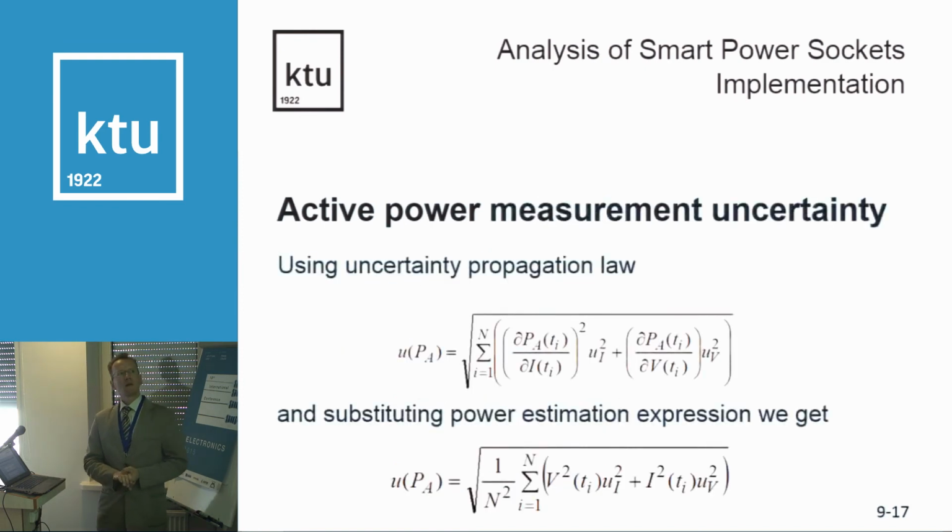And then the active power measurement uncertainty can be derived from the previous formula following the uncertainty propagation law, which is also described in the guide to the expression of uncertainty in measurement.